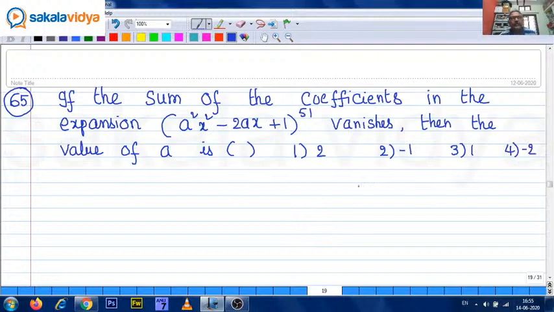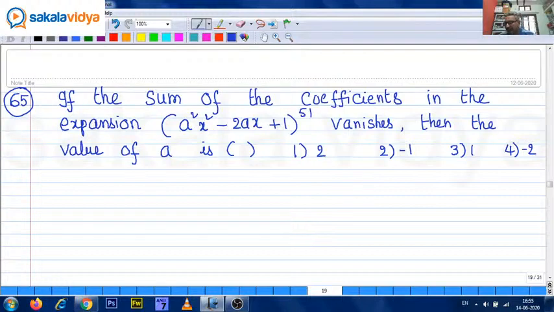If the sum of the coefficients in the expansion a square x square minus 2ax plus 1 whole to the power of 51 vanishes, then the value of a is. That means first we need to find out the sum of the coefficients of the expansion. That can be evaluated by substituting x as 1 and that is equated to 0.